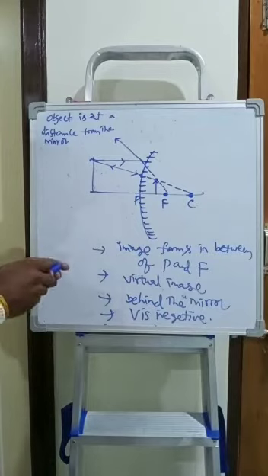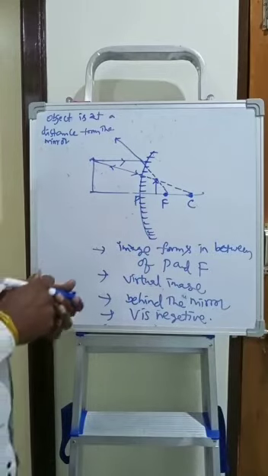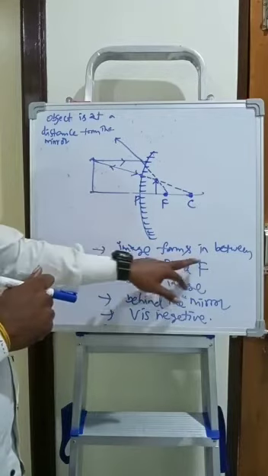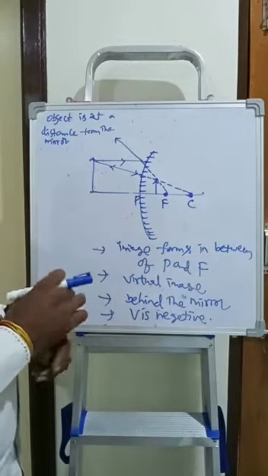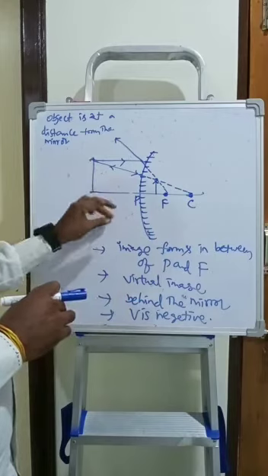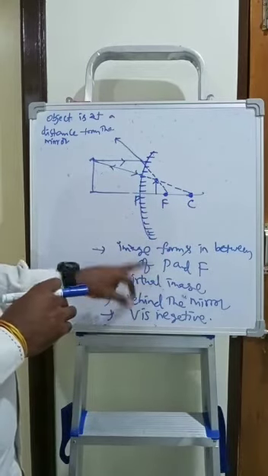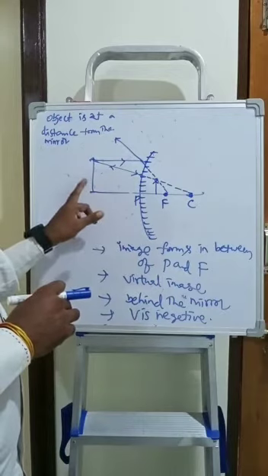By this, we can conclude that the convex mirror always forms a virtual image if the object is real.